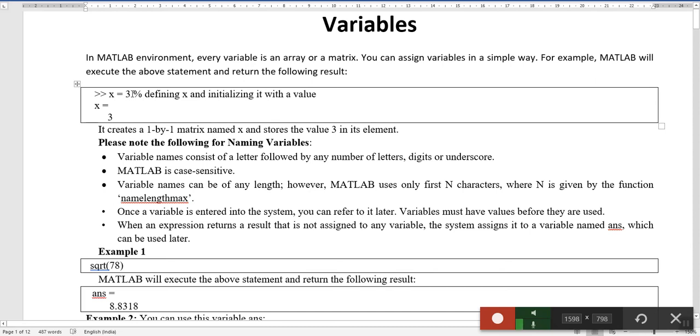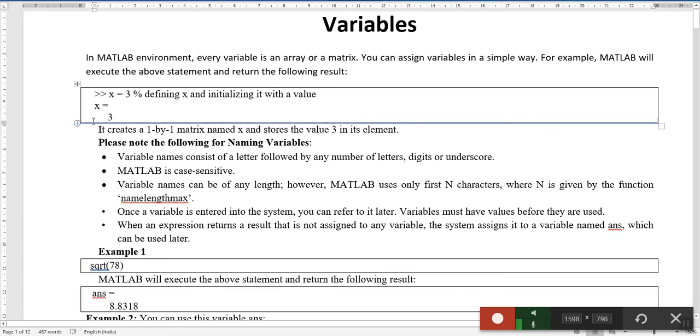Suppose you want to assign some number or character or string, whatever it may be, to some variable. So, x equals 3, percent sign, this is nothing but a comment line. So, defining x and initializing it with a value.